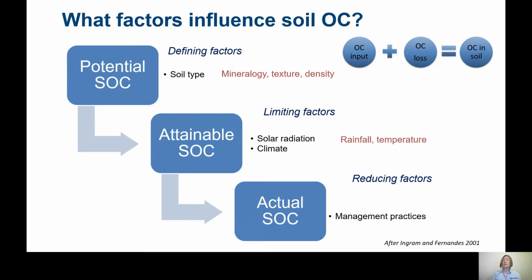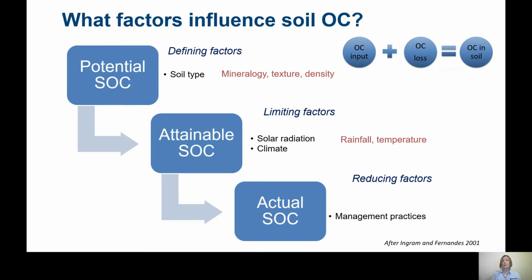From that, there is always the label that sand will have less carbon than clay soils can have, only because of the protection that clay affords carbon. Mineralogy also has an important effect, and the density or the mass of the soil determines the upper limit of what we can expect a soil to be able to hold.